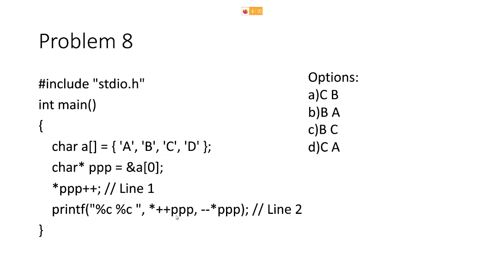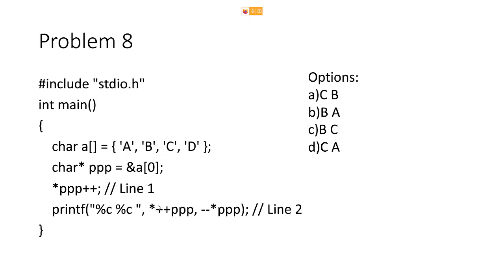In this case, however, you have that PPP pointer, which is the address pointing to B. Now when you say plus plus, you're incrementing the address here. So now the pointer is going to point to C. Then you are saying, okay, dereference it. What is the value at this address?